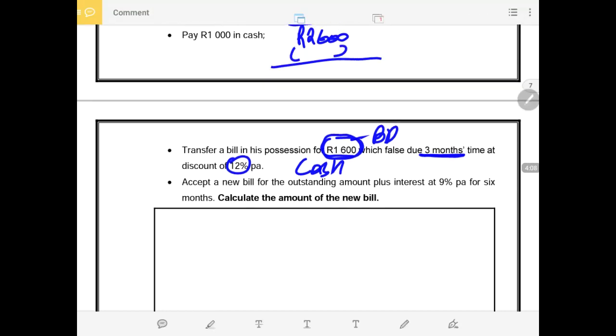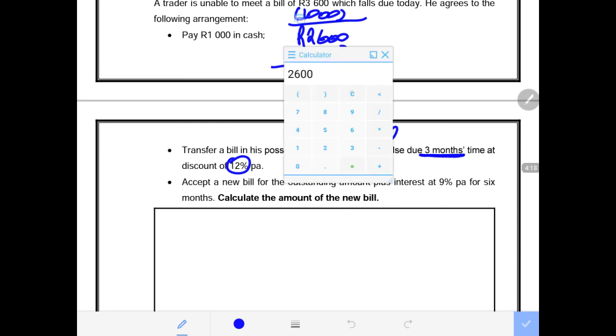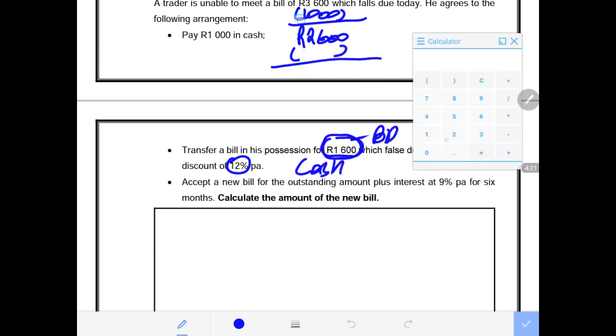Now let us first calculate the cash value of this new bill. So now remember, I'm just doing a rough analysis now, not doing the calculations in the proper way. So the bank will say 1,600 times 0.12 to calculate the banker's discount, times 3 over 12.